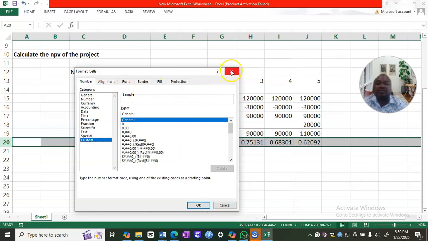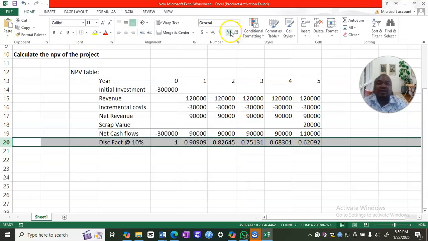No. Okay, these ones should help me. All right, what's going on there? All right, this one is count to two decimal places.